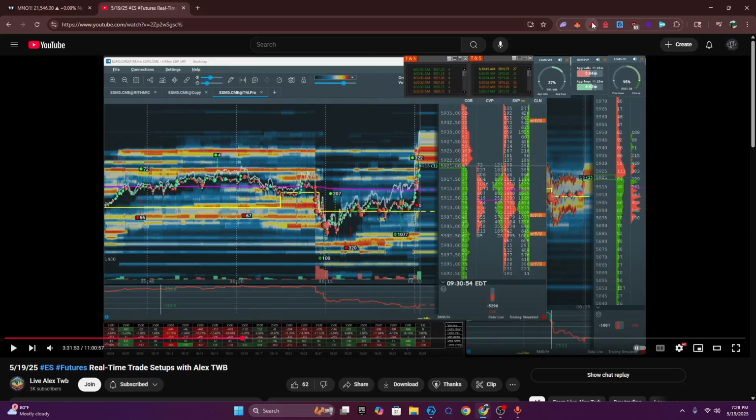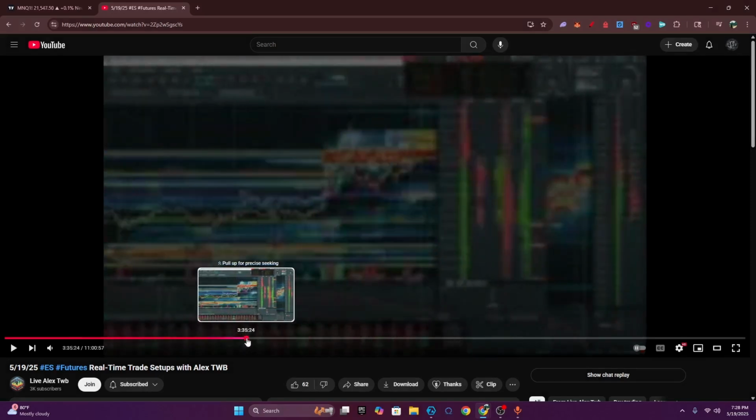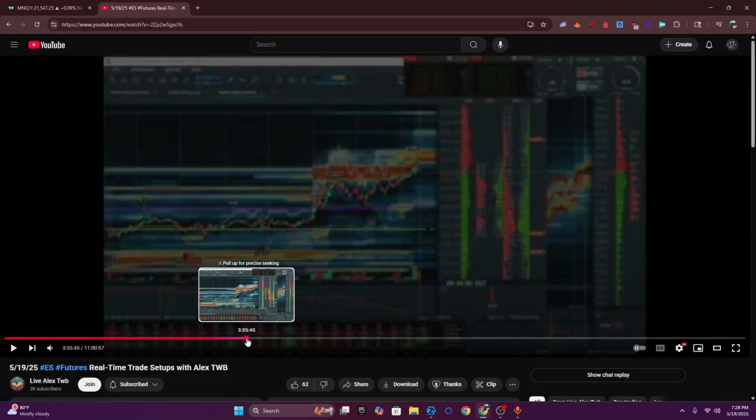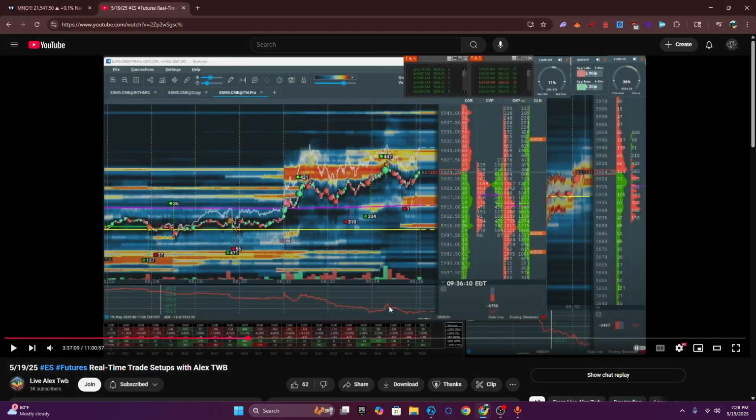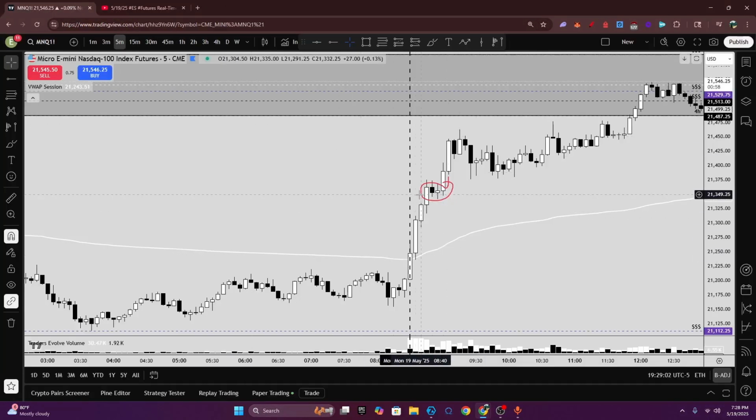This was market open. We saw it sweep all this liquidity down there and push back up. That was around 8:36, just that candle.